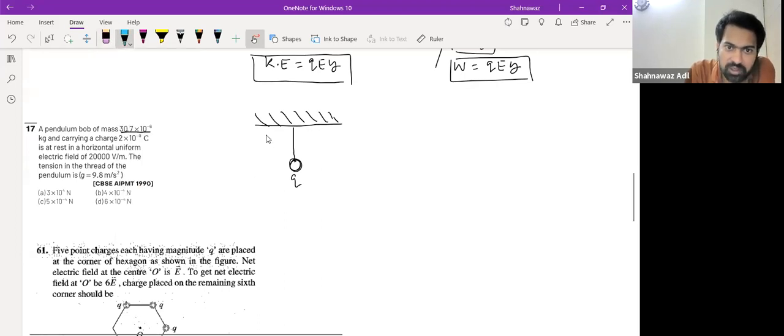So then you have this electric field, and this electric field is 20,000 volt per meter.